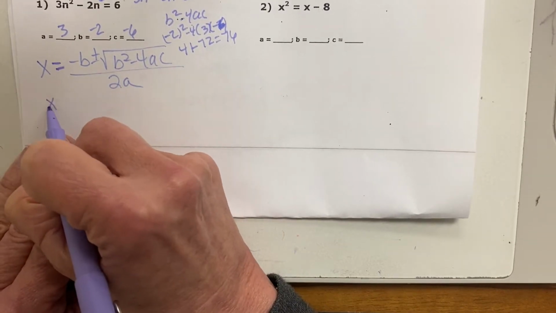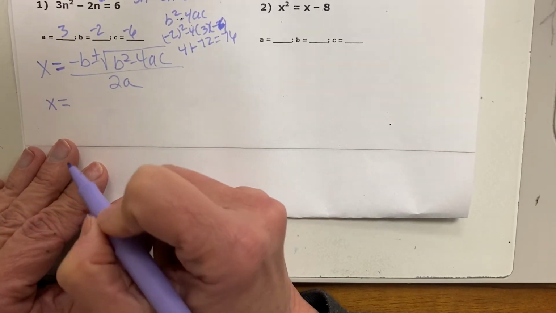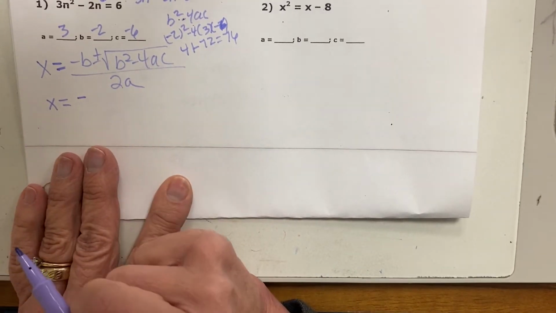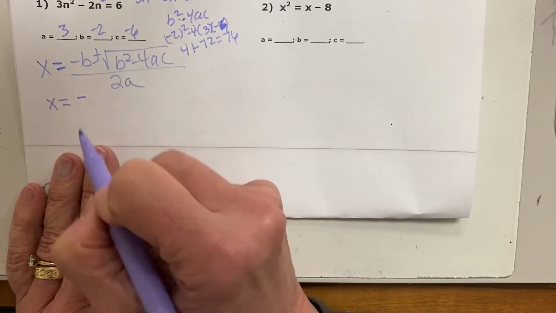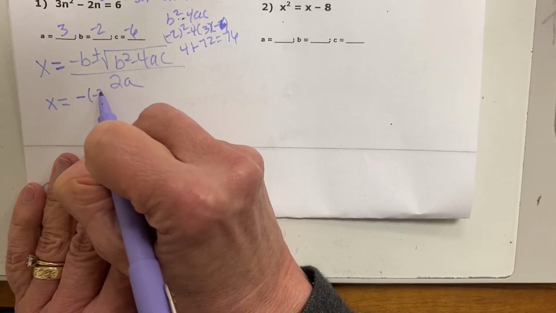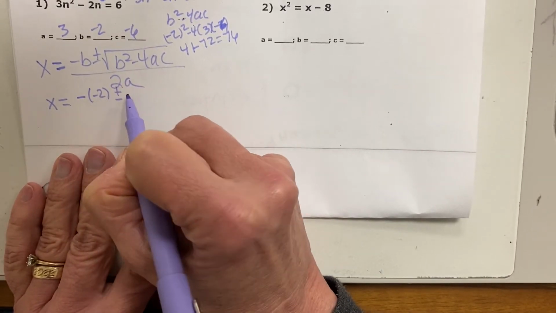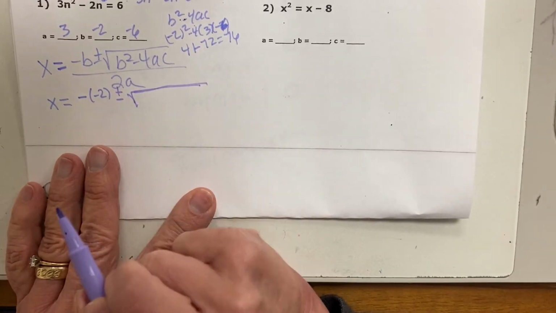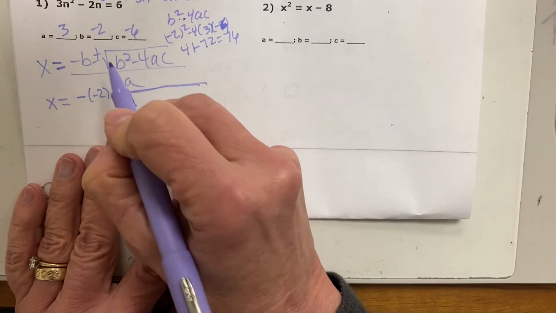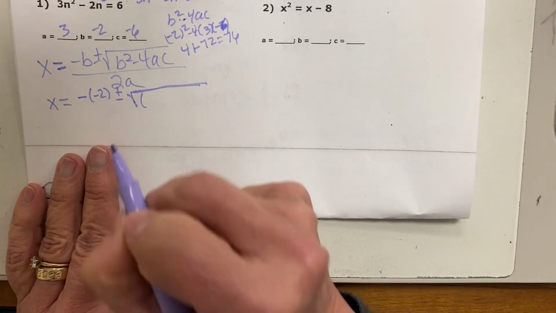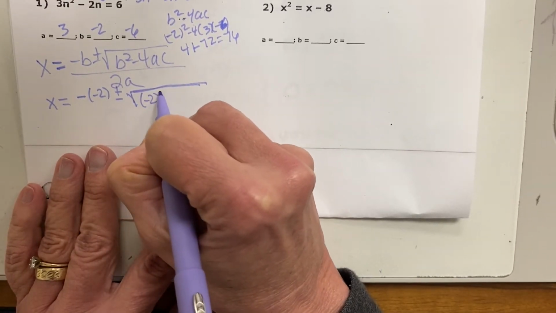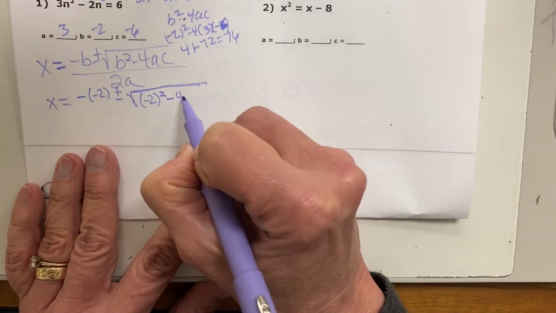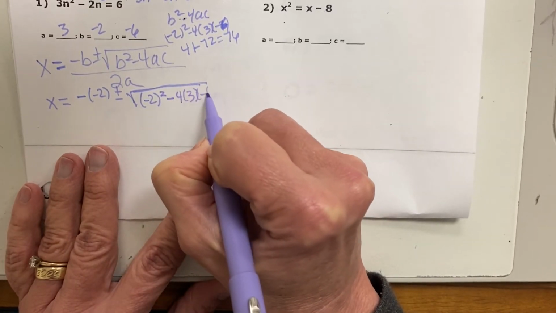We write x equals, because that's what we're finding, then the negative b, and then we start plugging in: negative of negative 2 plus or minus the square root, and we want a nice big square root to cover everything. I like to put my b in parentheses, negative 2 squared, minus 4, and then you just plug in all your numbers.